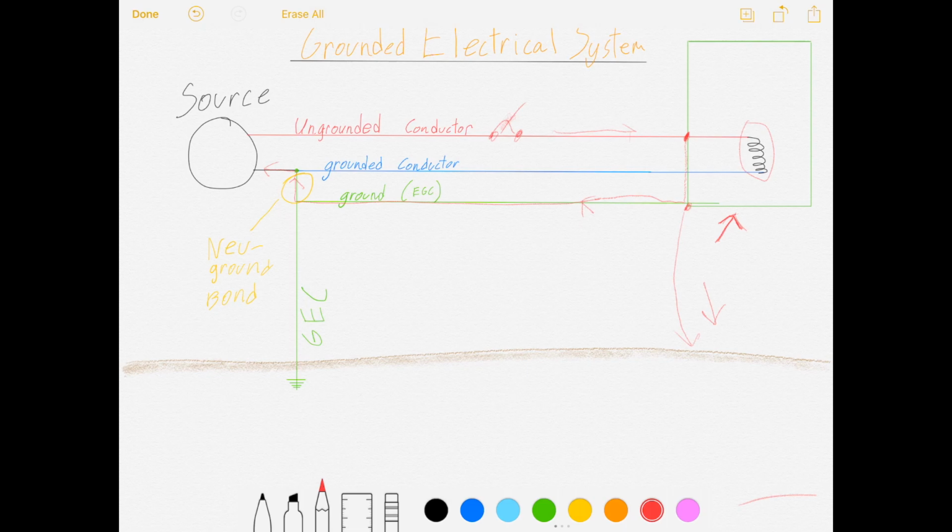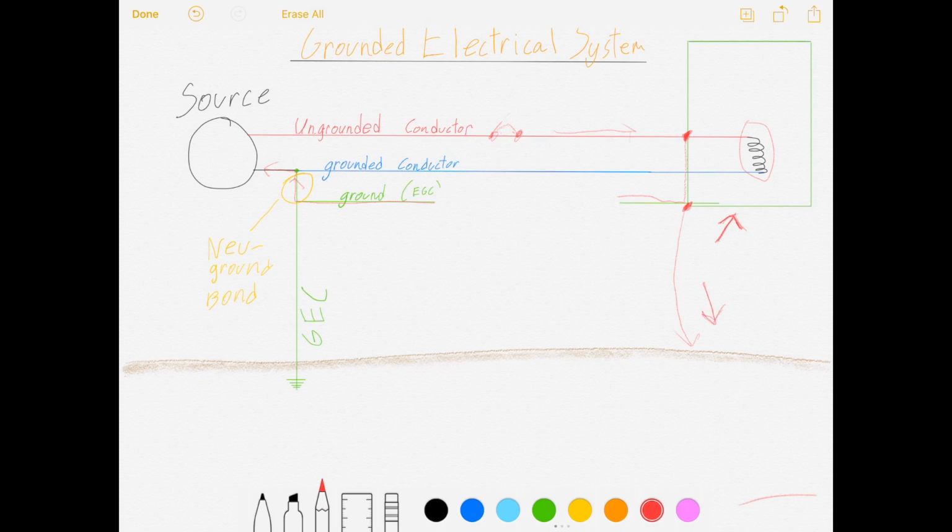Now, if this EGC were missing, this OCPD would not trip. It would remain active. So if that EGC is missing, suddenly if this enclosure is energized, you would see there would be voltage from there to ground.